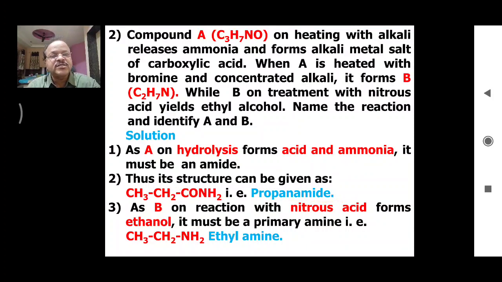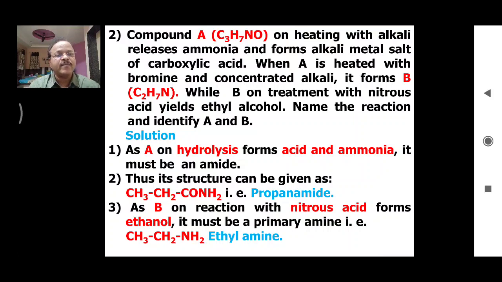Now let's see the structure of B. What type of information is given regarding B in this problem? Its molecular formula is given, C2H7N. Further, this B when treated with nitrous acid forms ethyl alcohol.